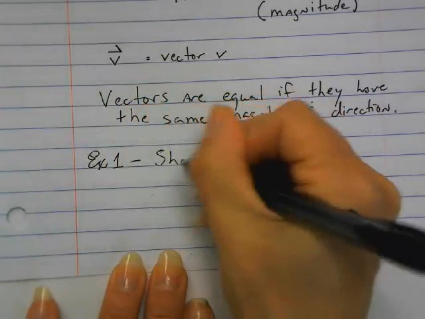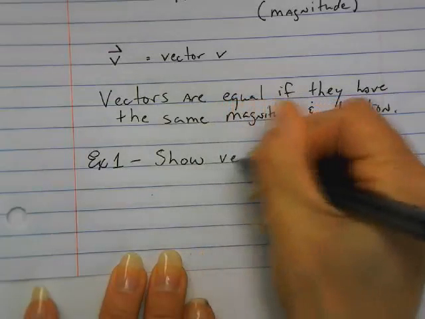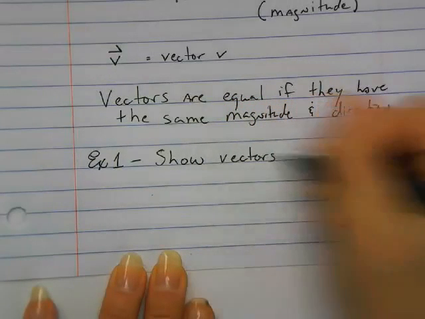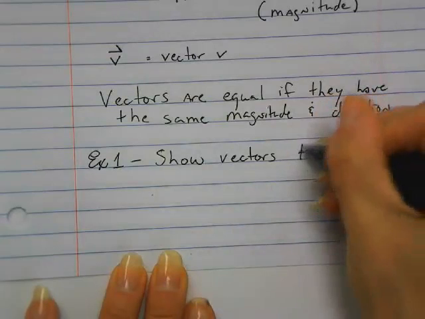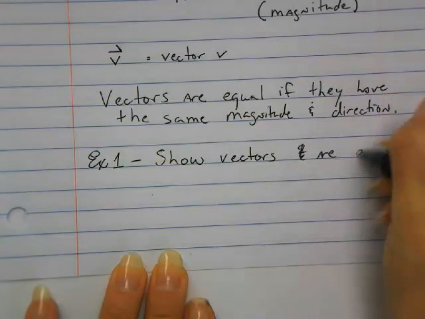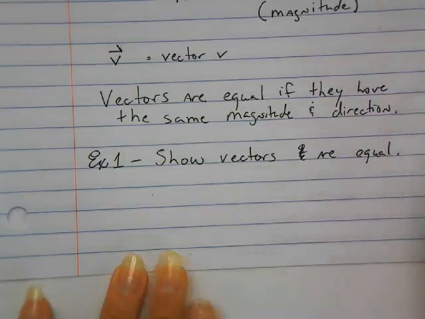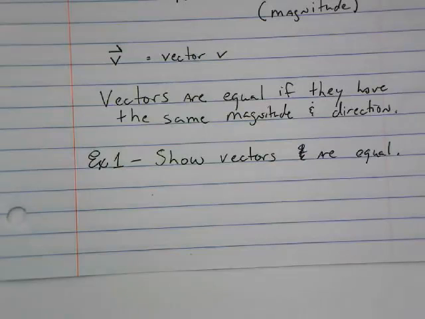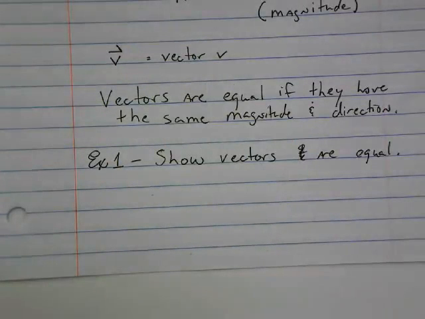Example 1. Show the vectors are equal. And I'm going to go ahead and grab my textbook, and we're going to be working off the vectors on page 651. So if you prefer to look at your own book as opposed to try to read off mine, that's fine too.